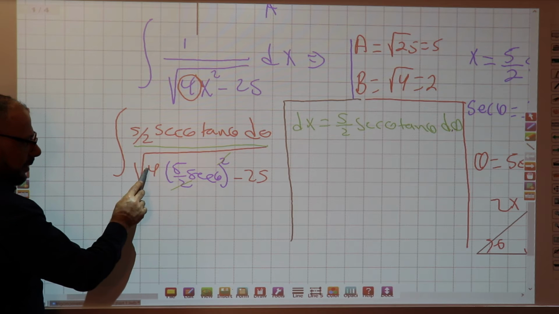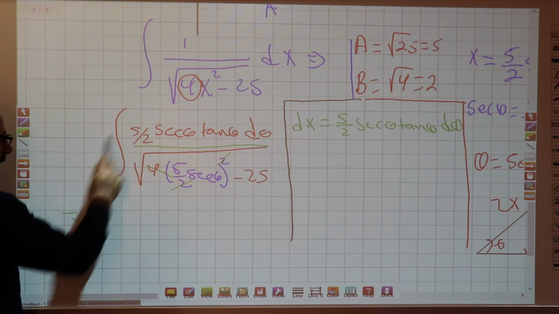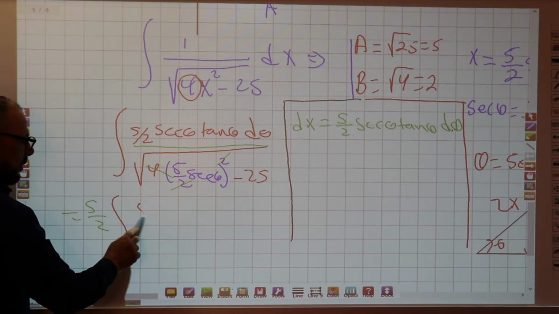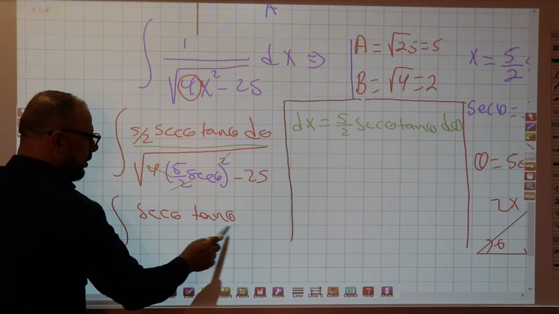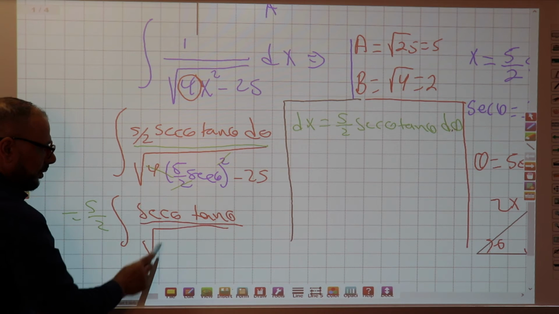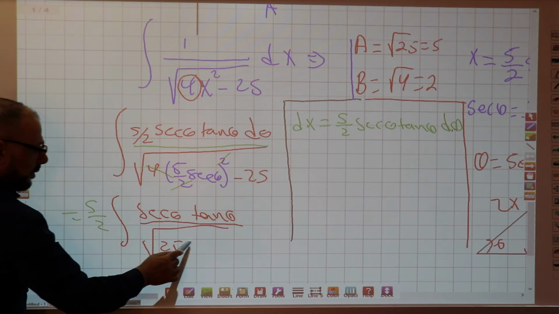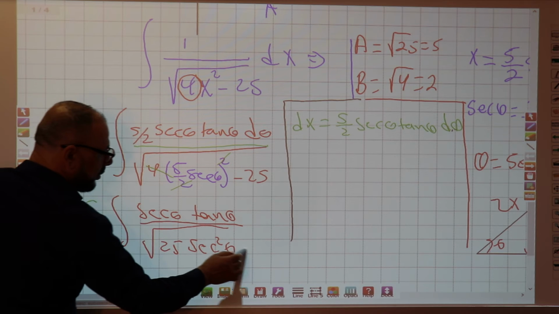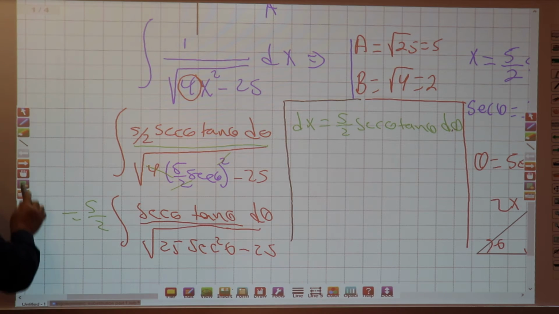Then left, I can take the 5 over 2 out, and take secant theta tan theta in the bottom, square root of 25, that is 5 squared, secant squared theta minus 25, d theta.